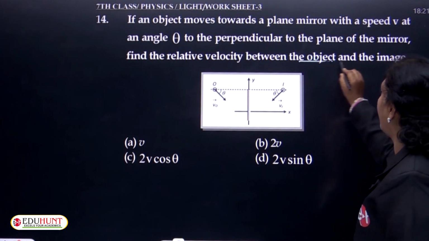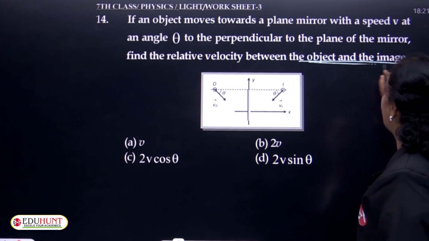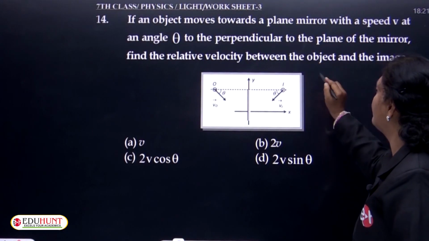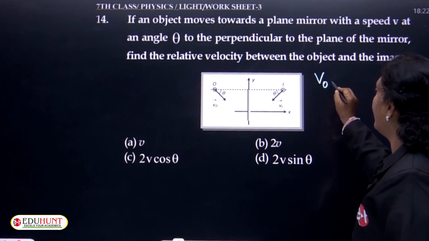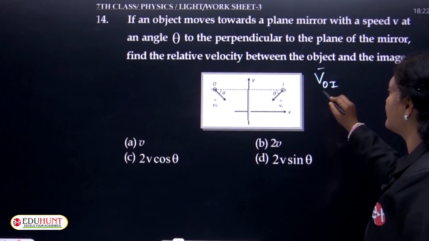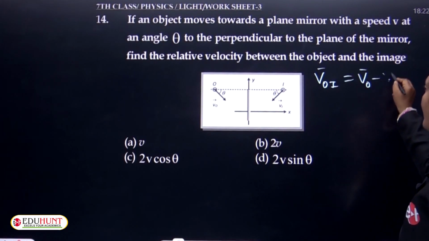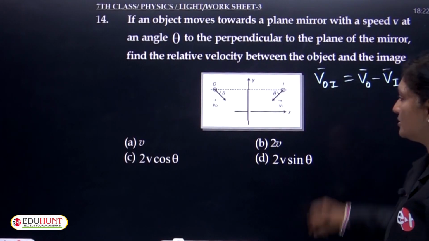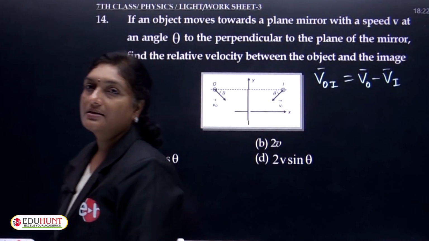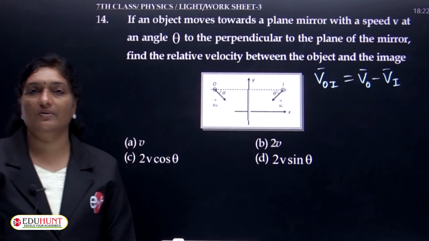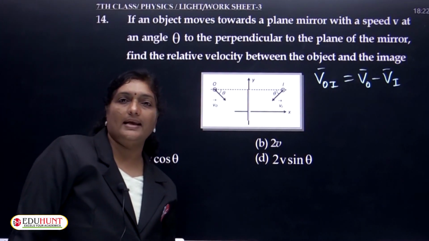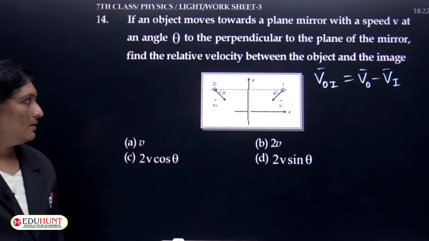Here you are asked to find the relative velocity between object and image. Object O, image I, so instead of AB, it is OI. So what is the formula? VO minus VI. This is what we need to find out. So you are asked to find VO minus VI, the relative velocity between the object as well as the image.